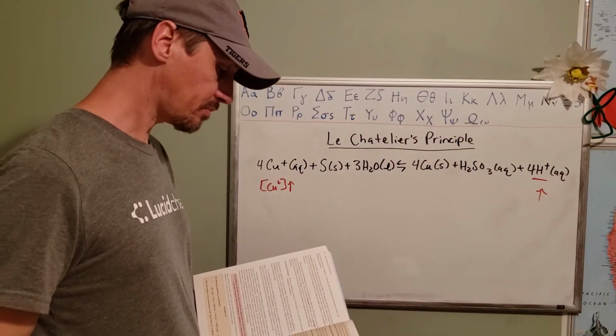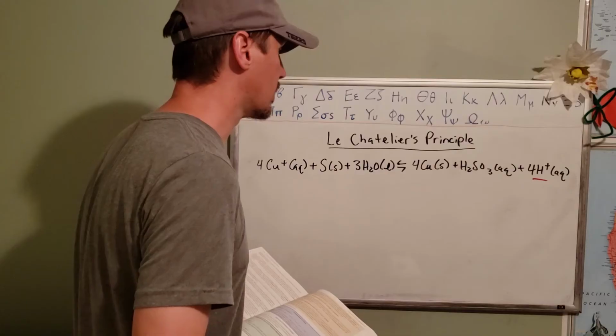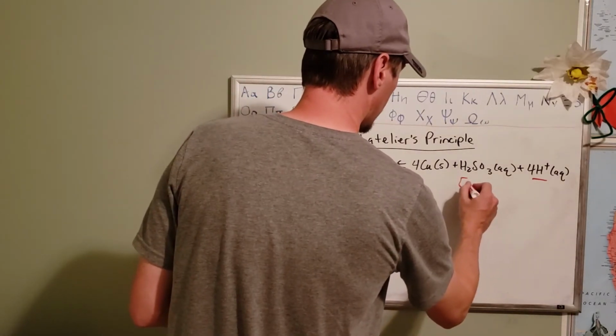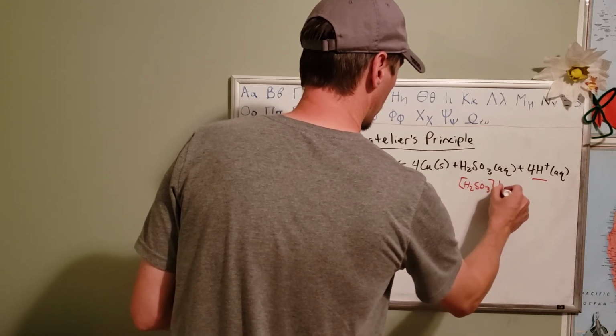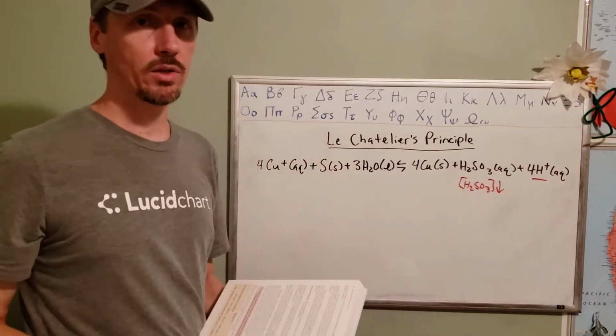All right? The next question says, what will happen to the concentration of H+ if H2SO3 is removed? All right? So the concentration of this then is going to go down. So what's going to happen to H+ if this concentration goes down?